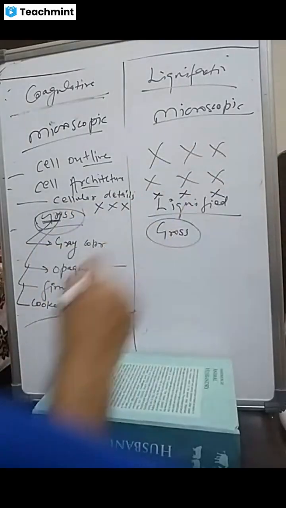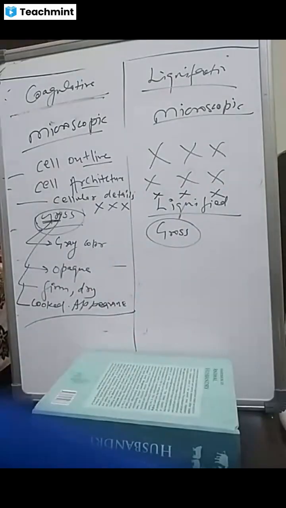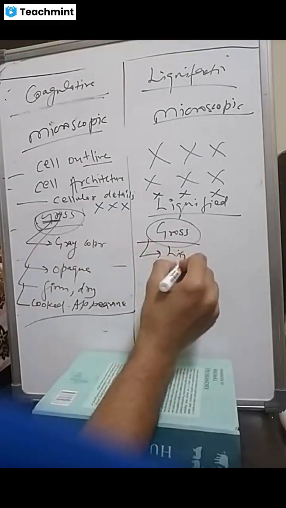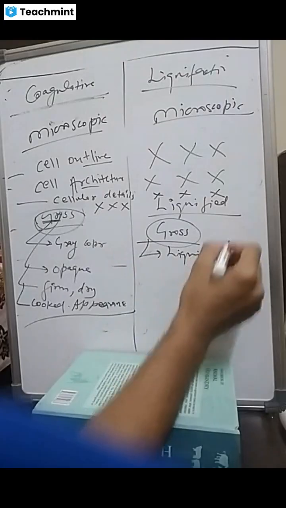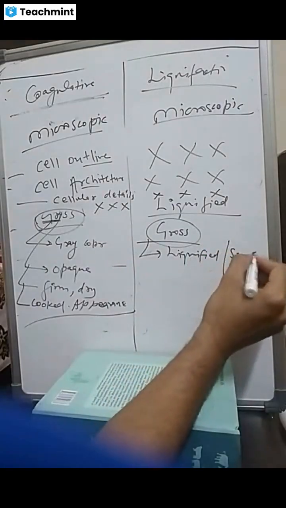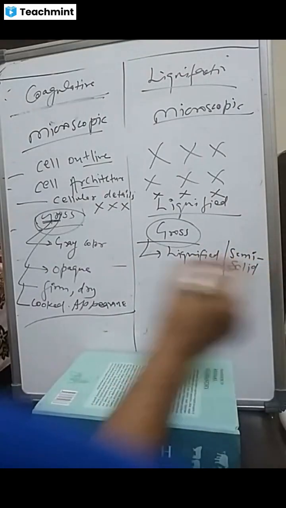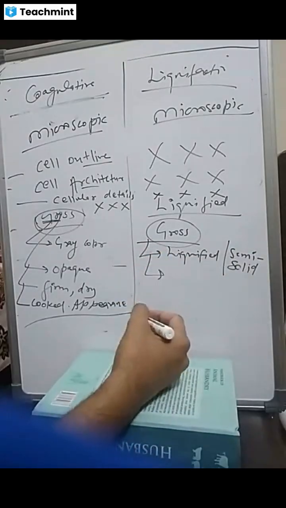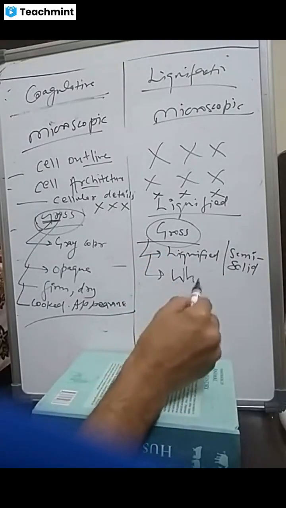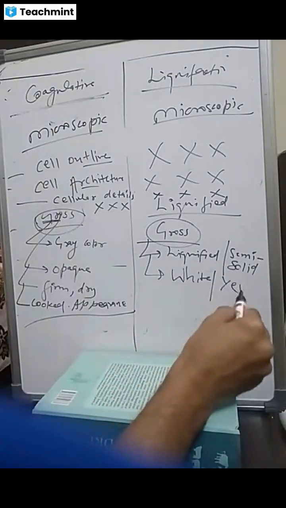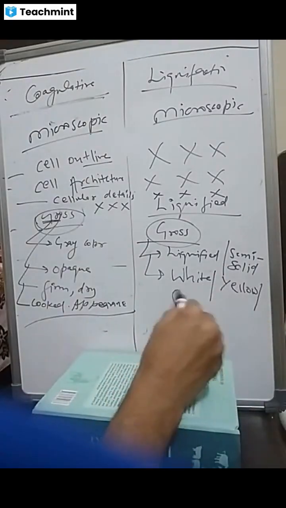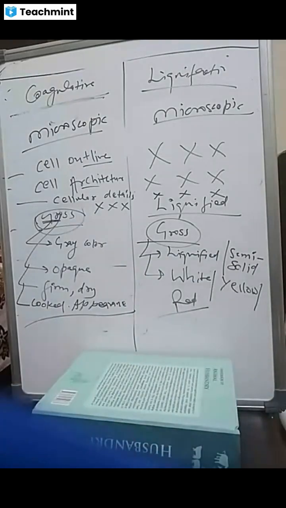In the gross appearance of liquefactive necrosis, the tissue is liquefied, liquid, or semi-solid, and the color may be white, yellow, or red.